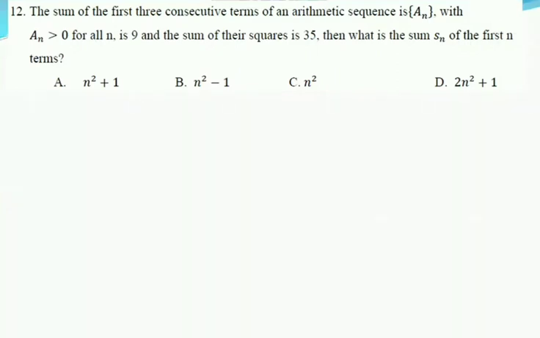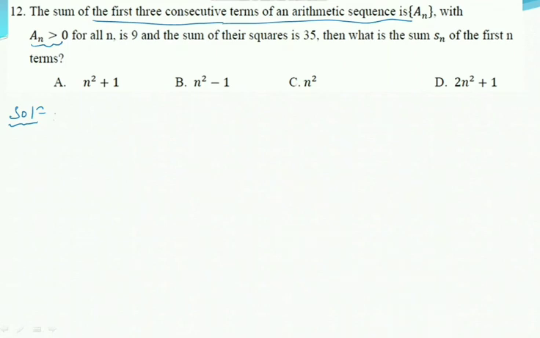The last problem that I have here is: the sum of the first 3 consecutive terms of an arithmetic sequence is 9. Here, it is assumed that all the terms are positive.